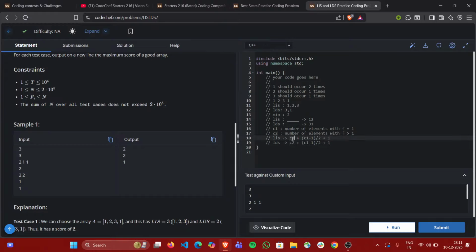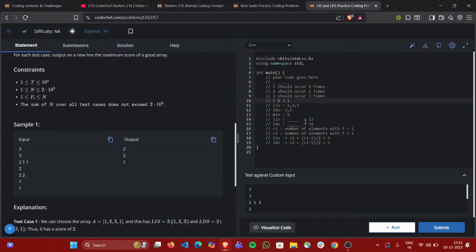First component is C2. What is C2? The elements with frequency greater than 1. So they can be assigned to both sides easily. Then the second component is what? Leave one element of the elements with frequency equal to 1. Like in this case, I had 2 and 3. I say let us leave this 3 and just go with 2, right?